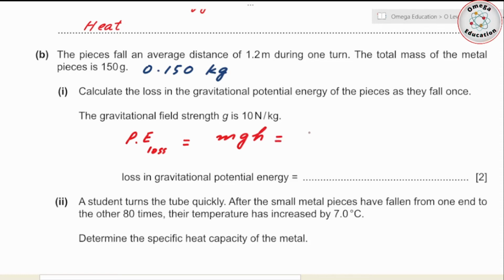And that would be 0.150 times 10 times 1.2. Then we hit it on the calculator and we get 1.8 joules. So I'm just going to write here 1.8 joules.